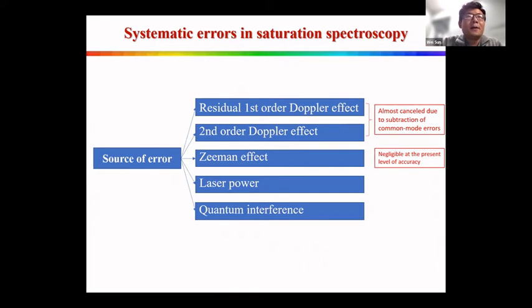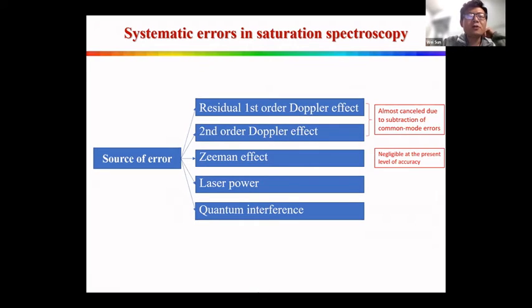However, since what we are concerned with here are the hyperfine intervals, that is to say the difference between two relevant transition lines, the Doppler shifts are almost cancelled due to the subtraction of common mode errors.